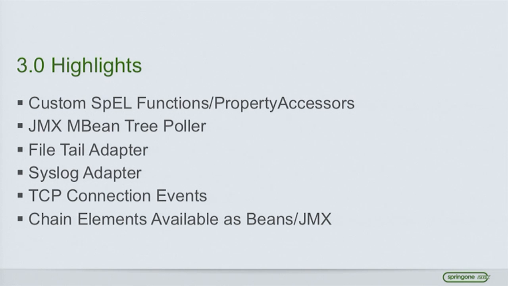We have a new JMX mbean tree poller. Those that are familiar with the JMX adapters know we have an attribute polling adapter that will poll JMX attributes and produce a message from them. With this new mbean tree poller, you can give it a query and filter, and it'll go and pull down a whole bunch of mbeans, assemble them into a map of objects and attributes, and then send them off.